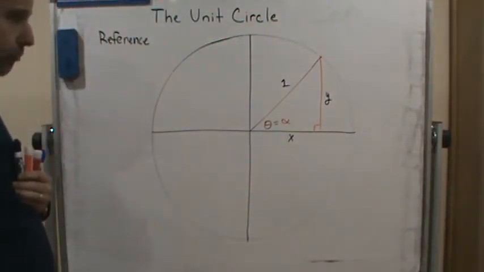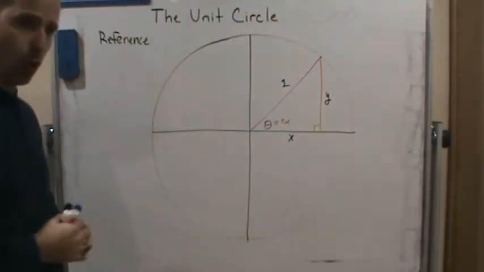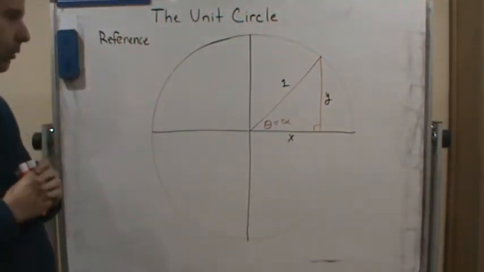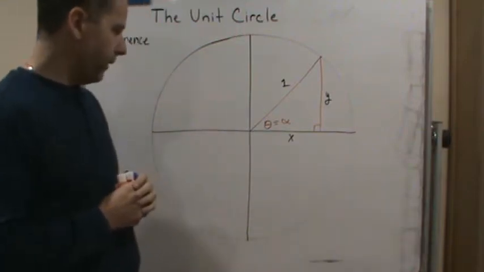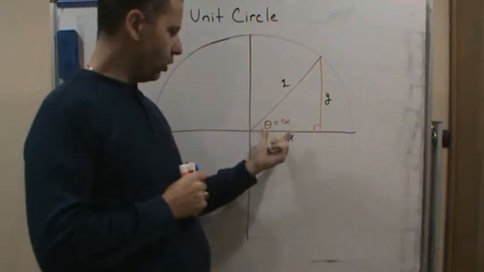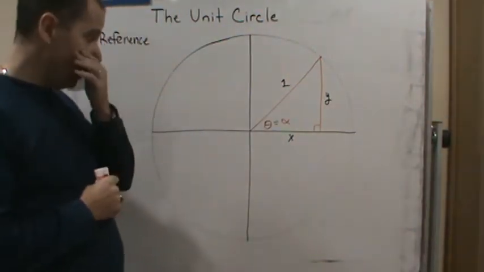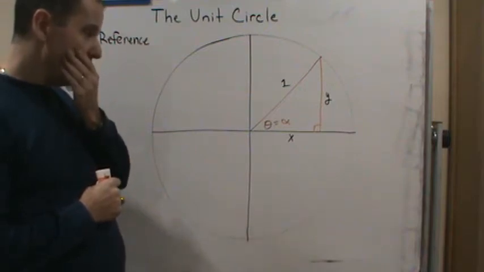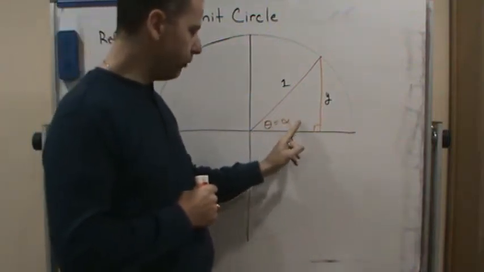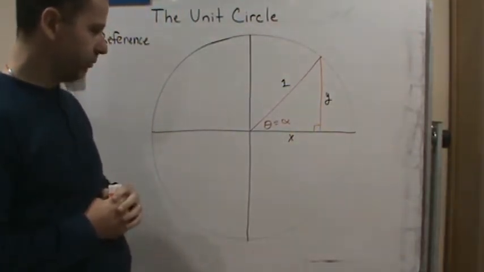The reference angle, which I'm going to call alpha, is the angle with the x-axis that can be represented in the first quadrant. There's always going to be an equivalent reference angle here in the first quadrant, as you'll see.